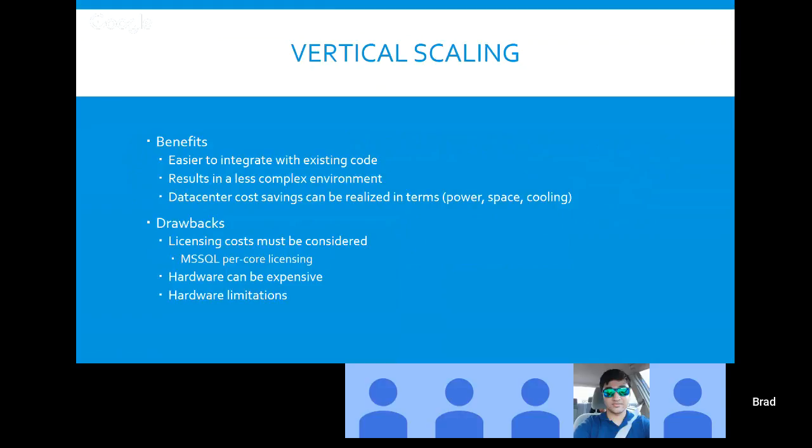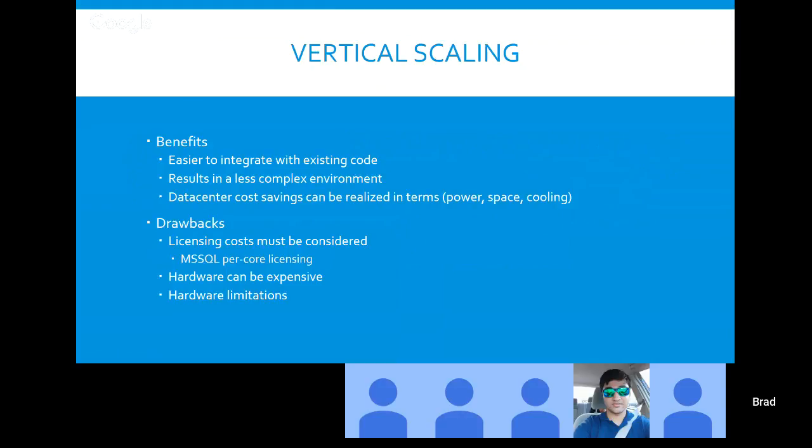It results in a less complex environment, which is easier to administer and easier to maintain. And there can be some cost savings as far as data center space, power, and cooling. Some of the drawbacks: licensing costs have to be considered, especially if you look at Microsoft SQL Server's per core licensing.